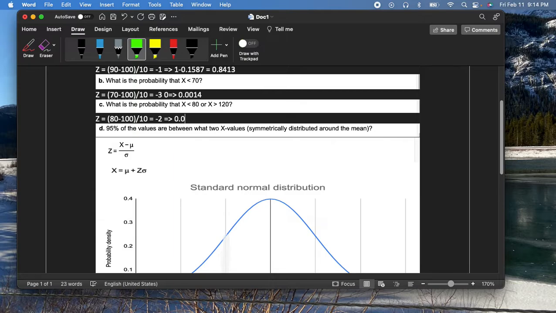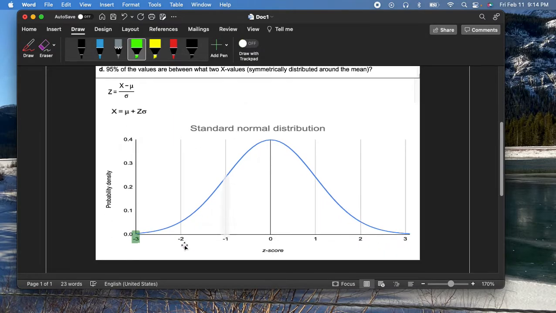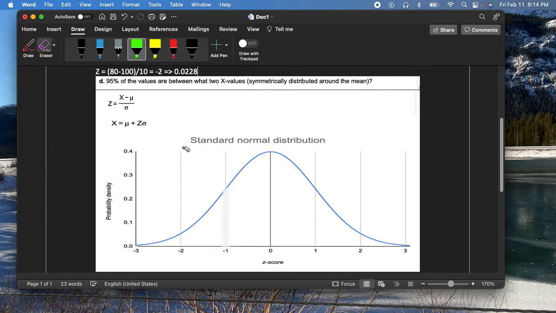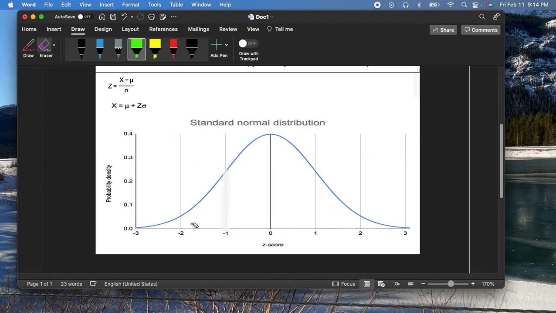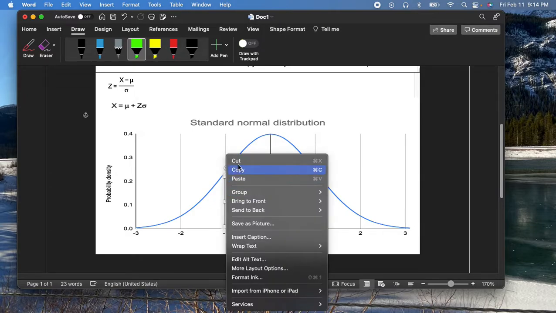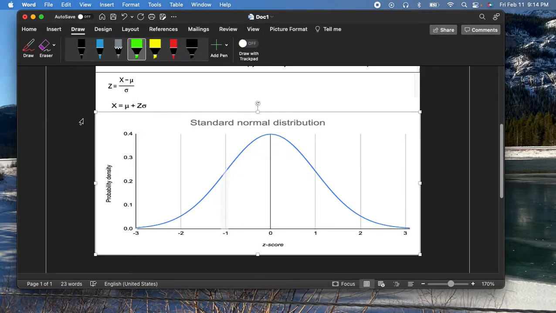Okay, so basically what we're looking at here is -2, or 2 standard deviations below the mean.